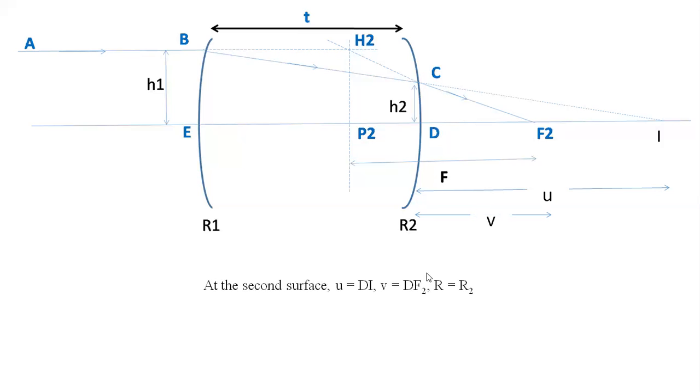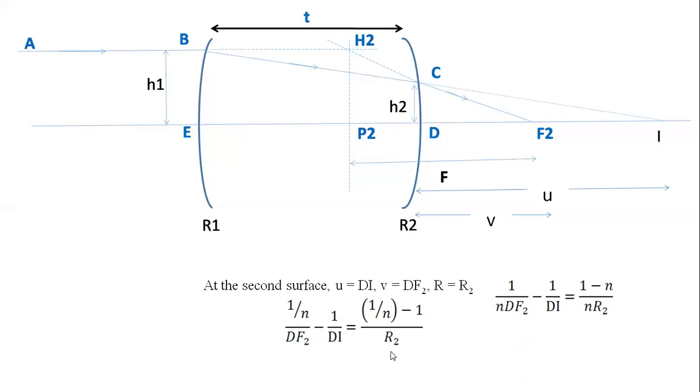Substitute the object distance as dI, the image distance as dF2, and the radius of curvature of the second spherical surface as R2. The refraction formula becomes 1/dF2 minus n/dI is equal to (1−n)/R2.